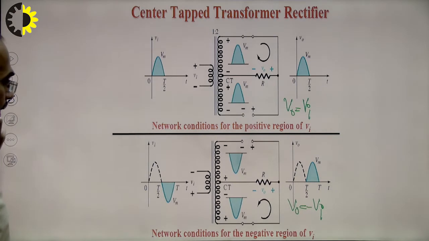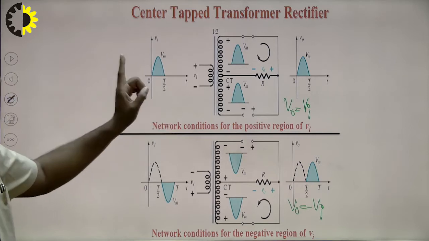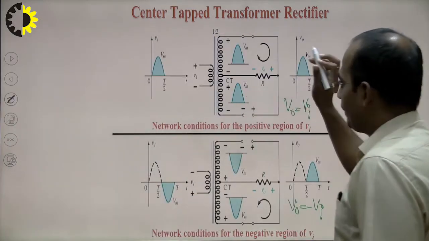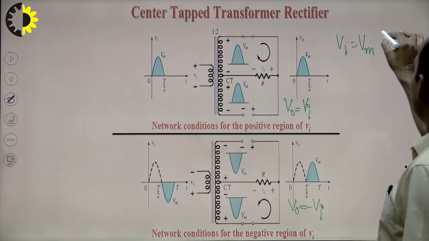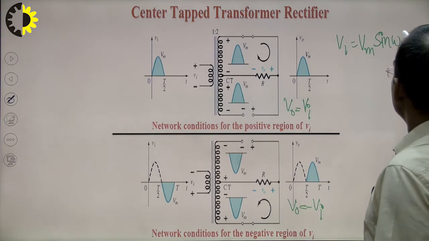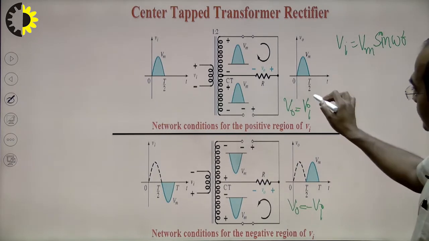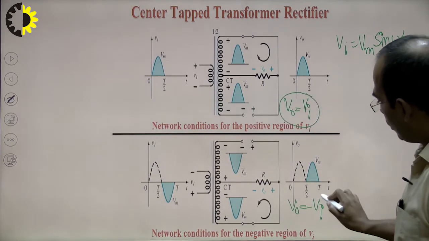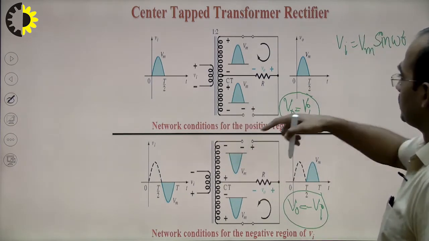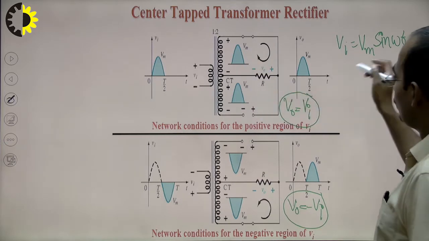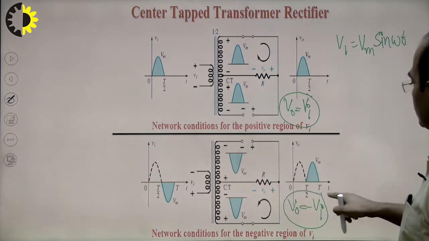Okay. Now I am going to write the equation for the output of the center tap full wave rectifier. I am considering the input Vi is equal to Vm sin omega t. You can see from the output expression that the input waveform is from 0 to T. For 0 to T by 2 the output is the same, and for T by 2 to T the output is inverted.